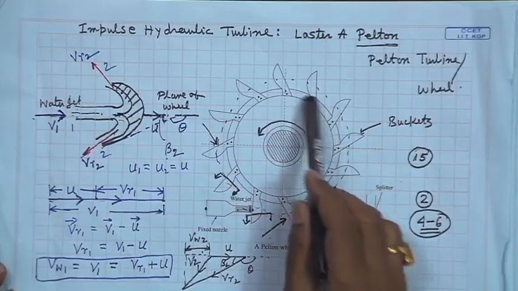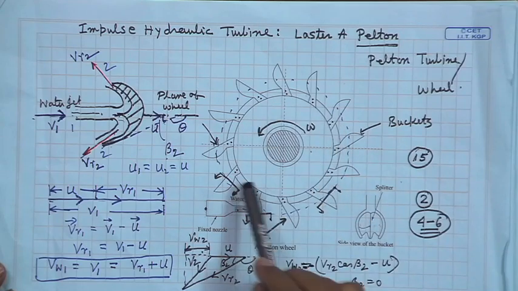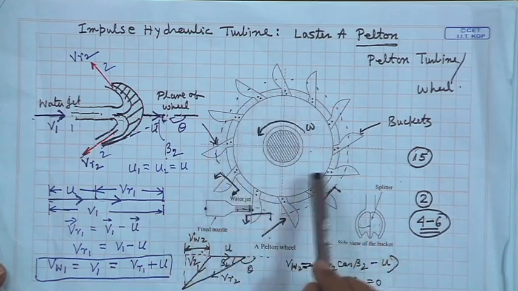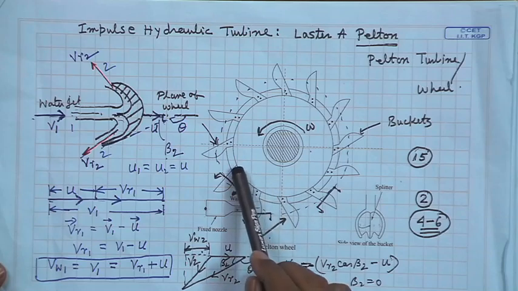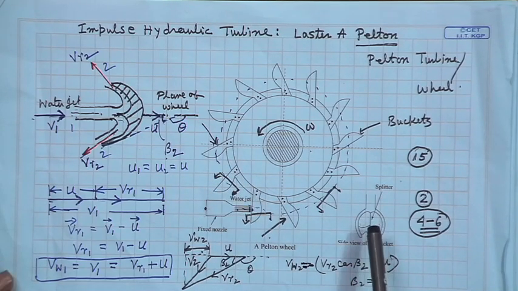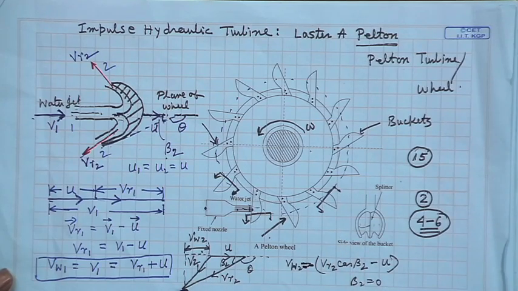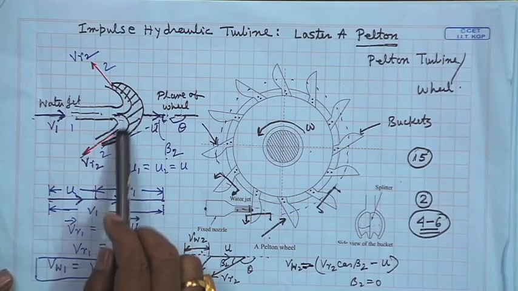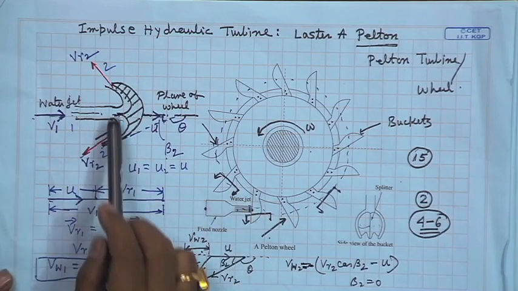Now, today we will start the discussion with one thing, that this bucket, if we go back to our earlier picture of the main wheel of a Pelton turbine or Pelton wheel. Now, the shape is a spoon shaped bucket, which already we discussed earlier. Now, we did not discuss in the last class about these angles of this blade or the bucket at the inlet and outlet.